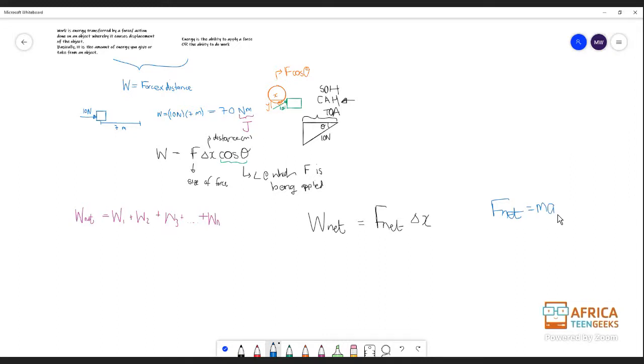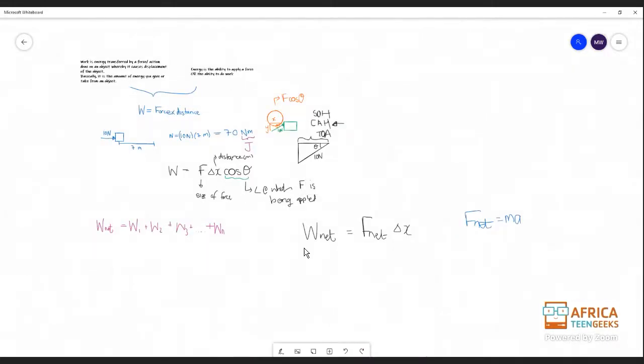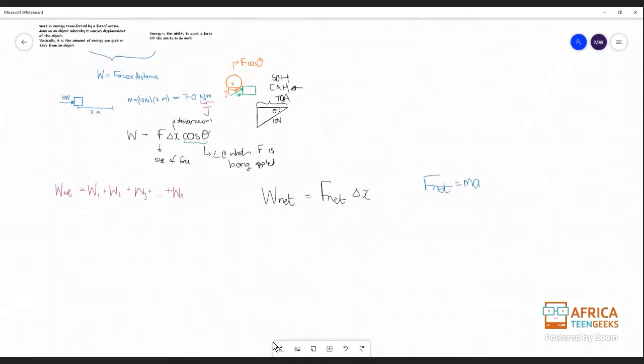If I substitute this into this formula, we can rewrite it as the net work is equal to mass times acceleration times the change in distance.